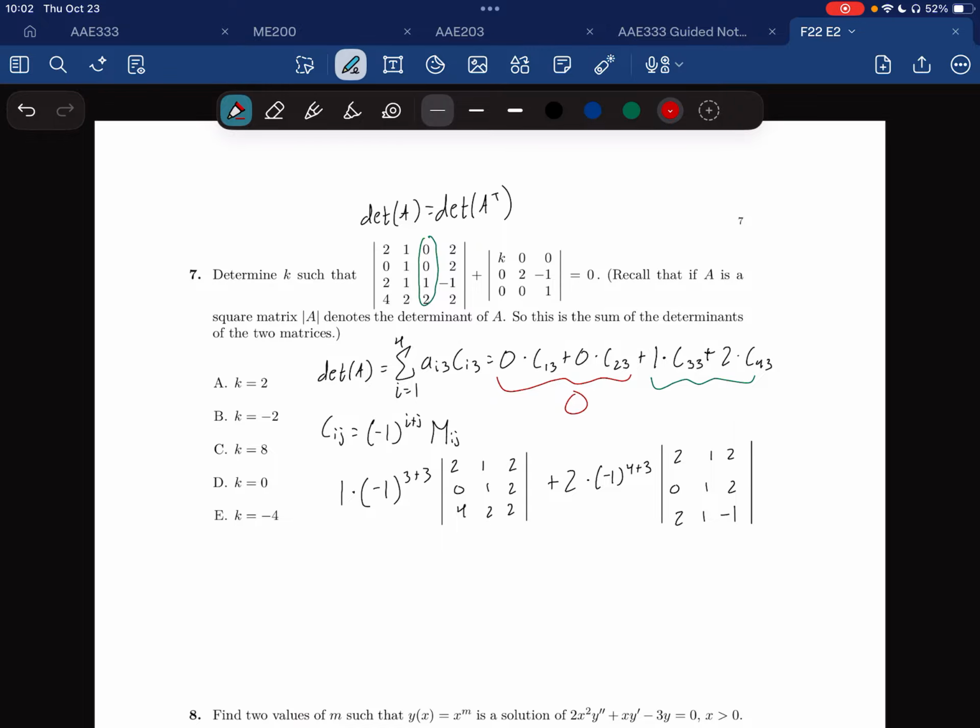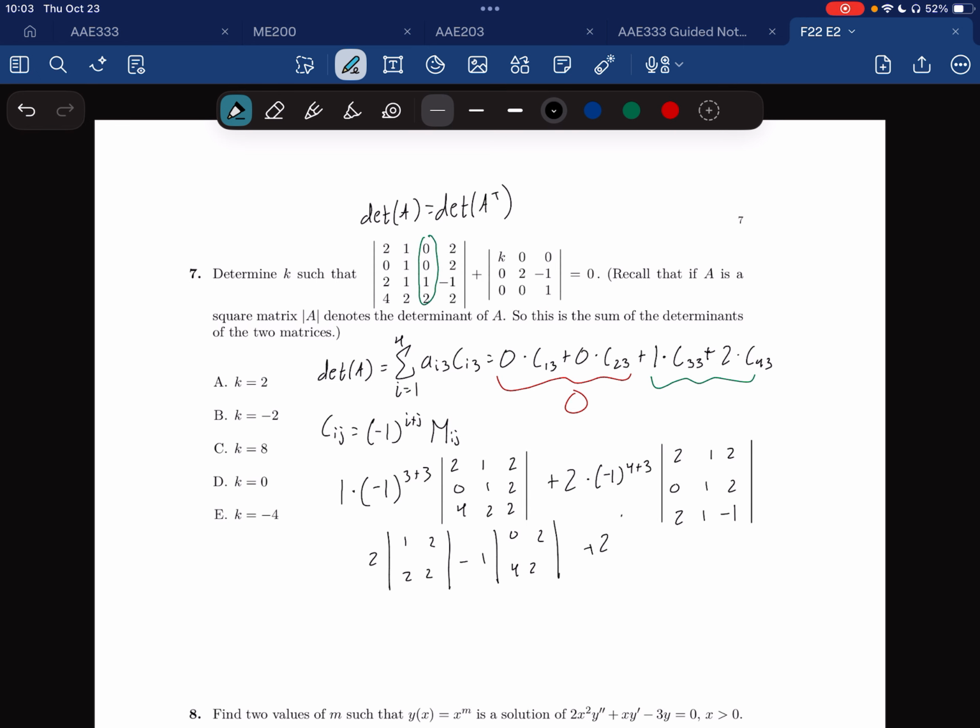So it's going to be 2 times the determinant of 1, 2, 2, 2, minus 1 times the determinant of 0, 2, 4, 2, and plus 2 times the determinant of 0, 1, 4, 2.